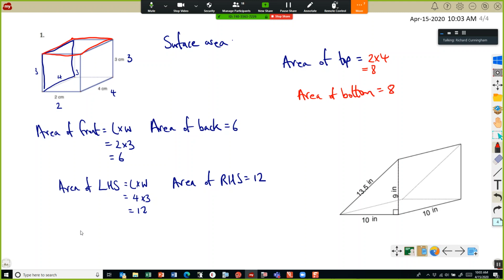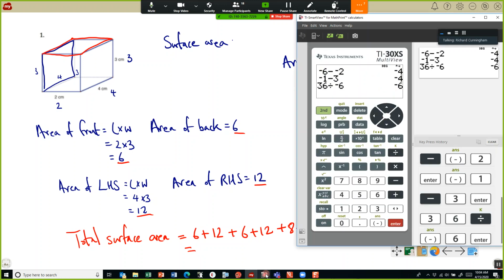So the total surface area, what do you think I do to all my numbers then? Add them up, good. Total surface area is equal to 6 plus 12 plus 6 plus 12. Okay, sorry, so I've got 6, 6, 12, 12, and then I have to add on 8 and 8.